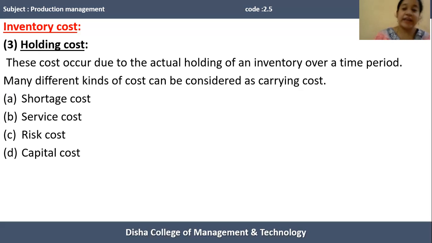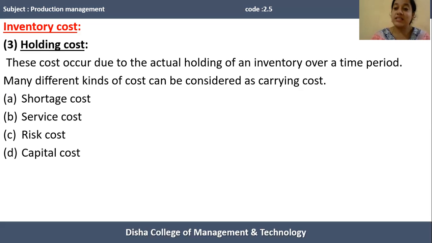Next one is the capital cost. Capital cost is the monetary cost. Means for procuring or for purchasing certain items, the firm is required to borrow certain money from certain financial institutions, or from some money lenders.